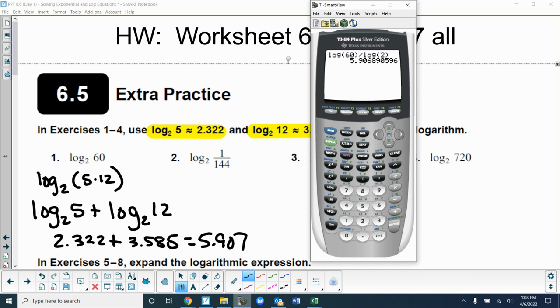But this was practice of rewriting using 5 and 12, either 5 times 12, 5 divided by 12, 12 divided by 5, 12 squared, 5 squared, whatever. Okay? So for number 2, I would go log, now that we know the change of base formula, 1 divided by 144, close it up, divided by log of 2.